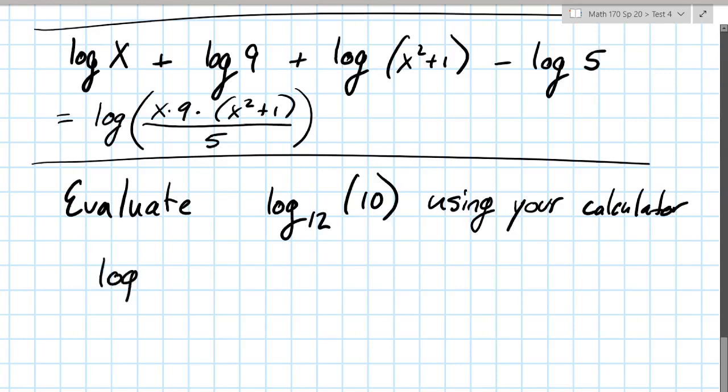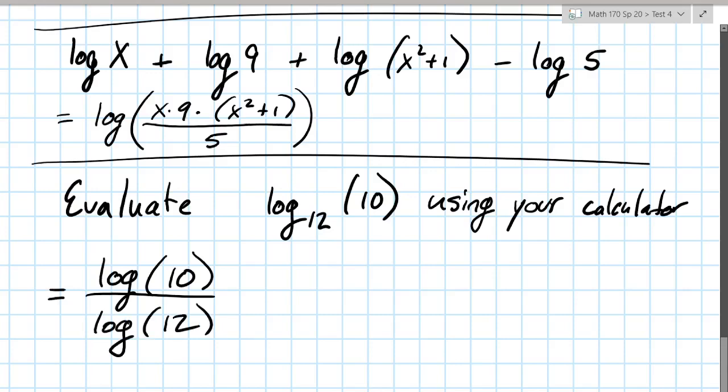So I have log of my new base of the old inside stuff divided by log of the old base. If I wanted to change this to ln instead of log base 10, I could have done that. So the ln of the inside stuff divided by ln of the old base.